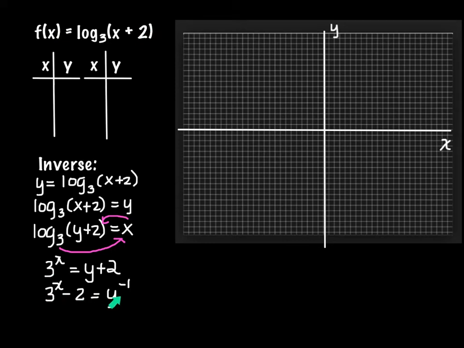The first thing I'm going to do is look at this and realize that I have a 1 as an a, I have a 1 as an r, I have 0 as my h right here, and I have a negative 2. So I'm going to graph 0, 1, and 1, 3.